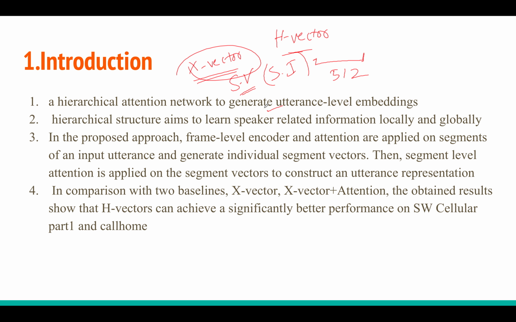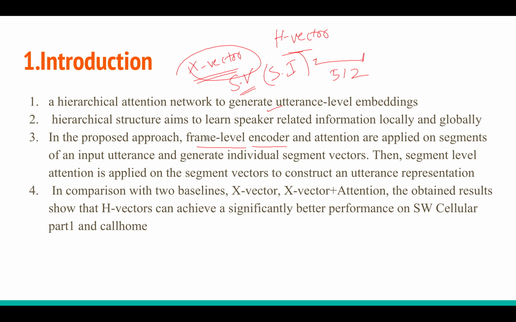Here they want to extract this local and global information using a frame level extractor and a segment level feature extractor. The frame level encoder will work directly on the spectrogram or MFCC features and extract features from those signals.